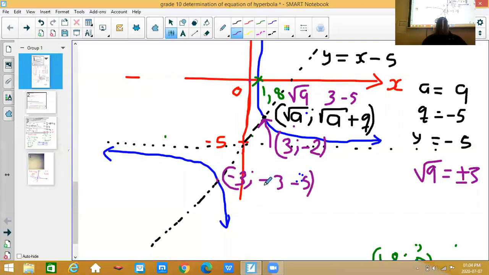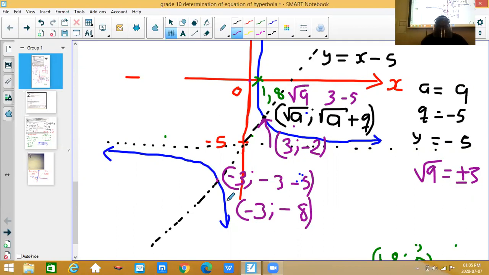Let me stop there for a while. Are you following? Silence may mean two things: that it is simple, or you are totally lost. Now, minus 3 minus 5, what's the answer? So here you're going to get negative 3, negative 8.